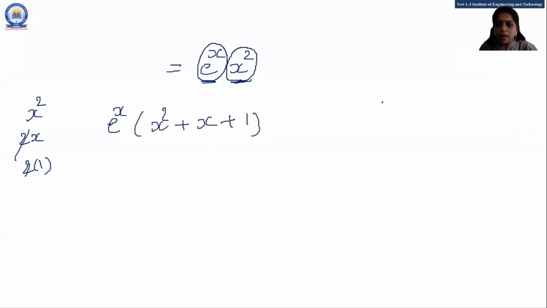Got it? So after multiplication, here e raised to x, family of e raised to x into x square, family of e raised to x into x, and family of e raised to x into 1. So total 3 terms are there.